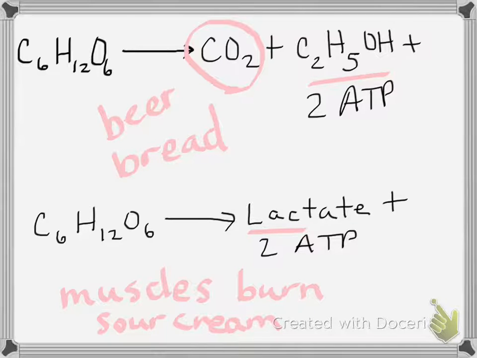Now the first one is called alcohol fermentation. And it takes glucose and breaks it down into carbon dioxide, ethanol, and 2 ATP. And I circled the carbon dioxide for a reason, because carbon dioxide is a gas. So this is going to give off gas, just like aerobic cellular respiration gives off gas.